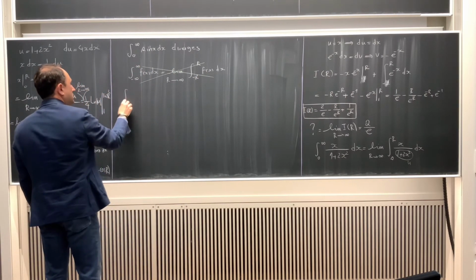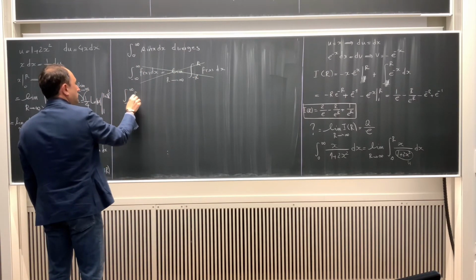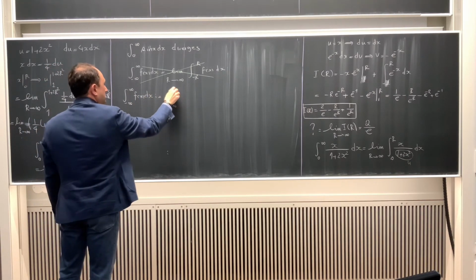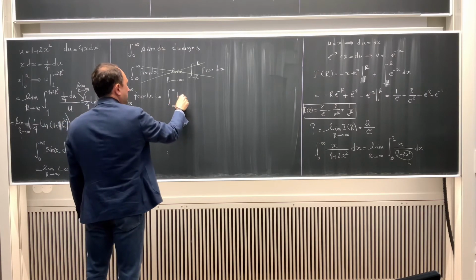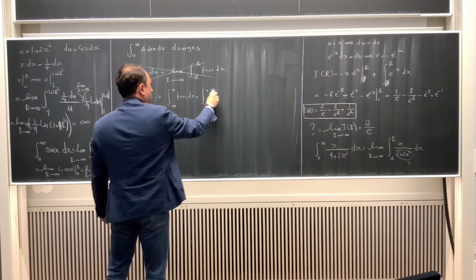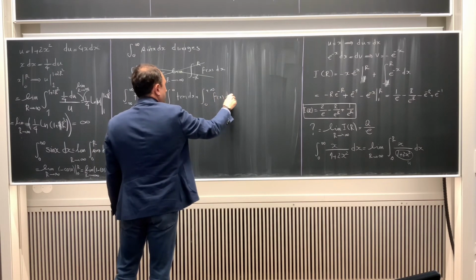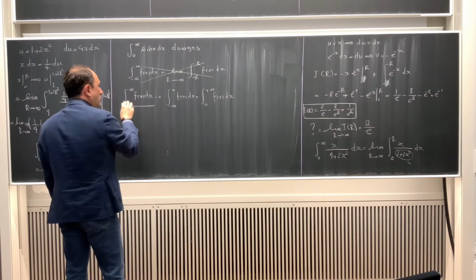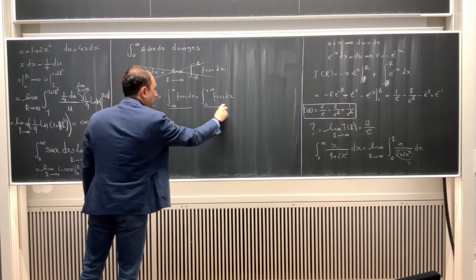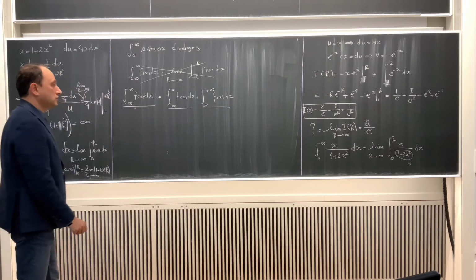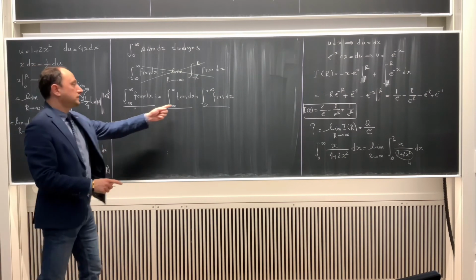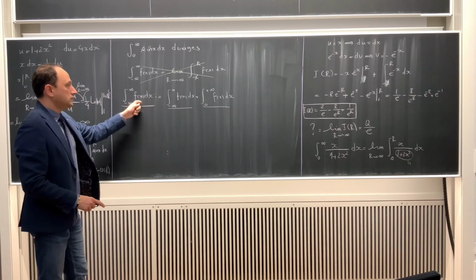The definition is this: the integral from minus infinity to infinity of f of x dx is defined to be the integral from minus infinity to 0 of f of x dx, plus the integral from 0 to infinity of f of x dx. We say that this integral converges if and only if these two integrals converge, and then the sum of them is the answer to this integral.